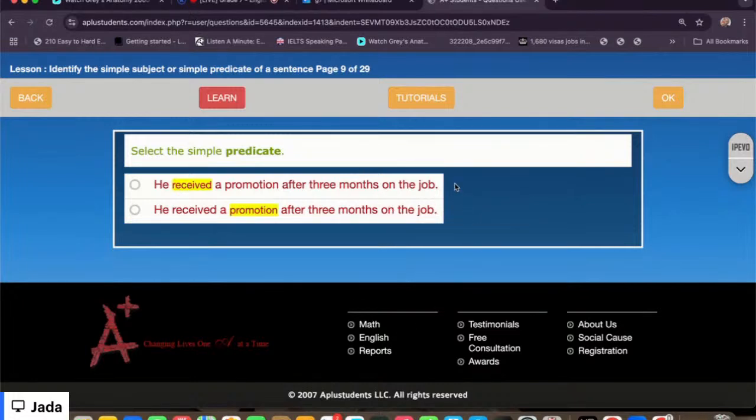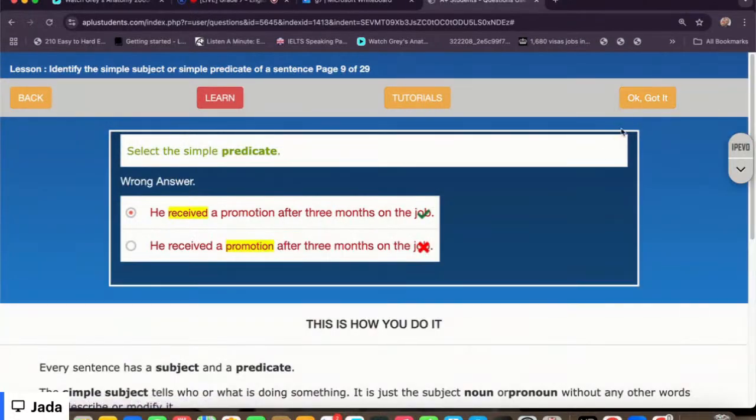He received a promotion after three months on the job. Select the simple predicate here. Alright, so promotion will be the simple predicate.